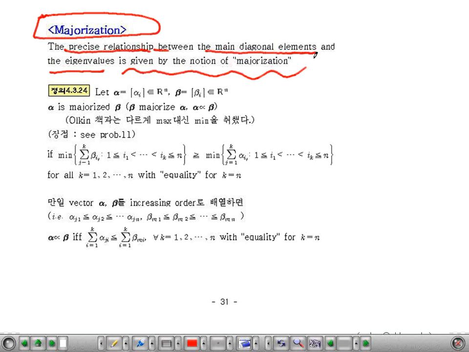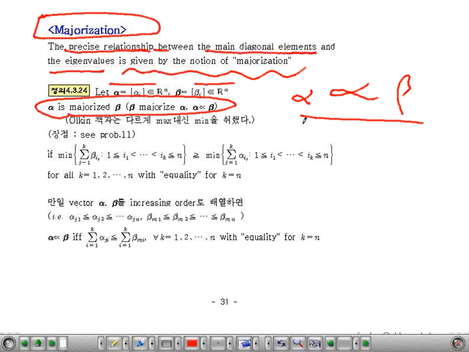The definition of majorization is like this. We have two vectors, alpha and beta. Alpha is majorized by beta if it satisfies this condition, for all k, and equality holds at the end.